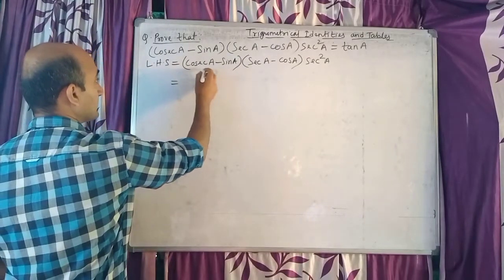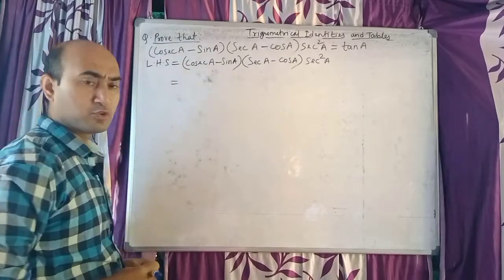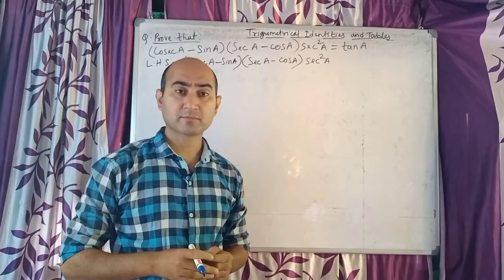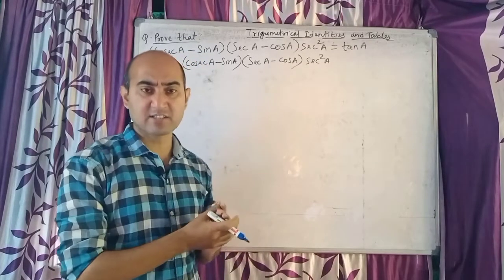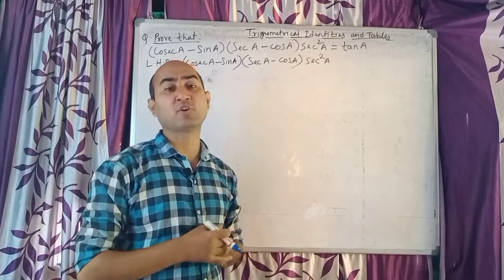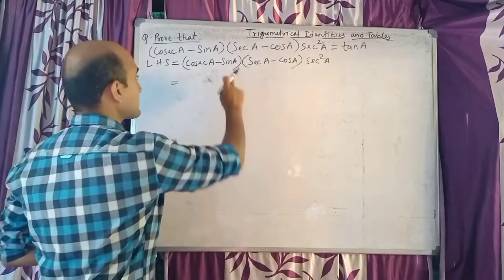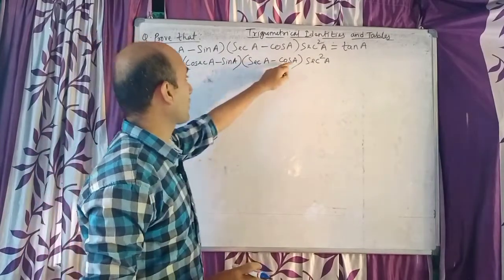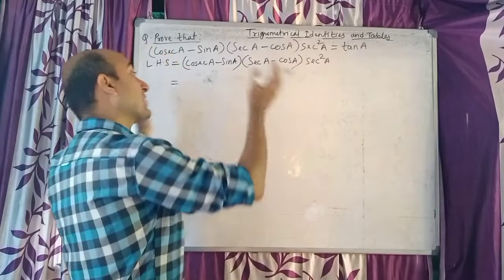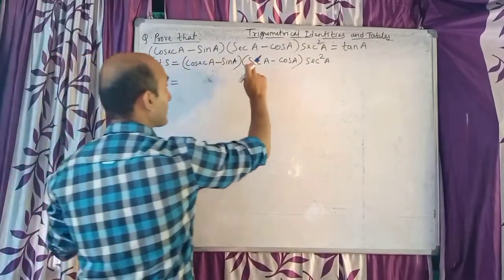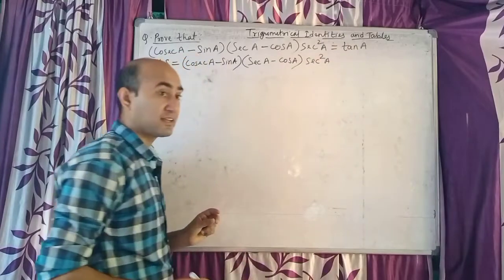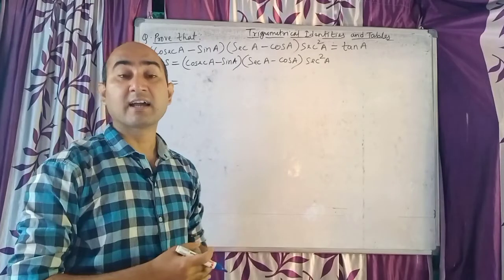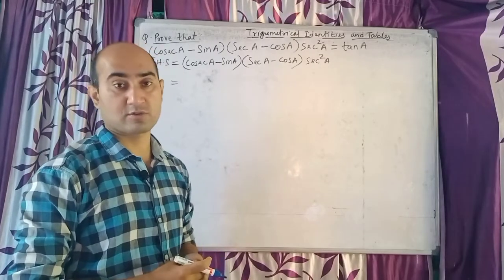Okay. Now what you do, you just try to use those formulas in which you can convert the identities either in sine or cos. Like sine and cos, you don't convert it, you keep it same. But the other identities like cosec A, sec square A, you try to convert either in sine or cos.